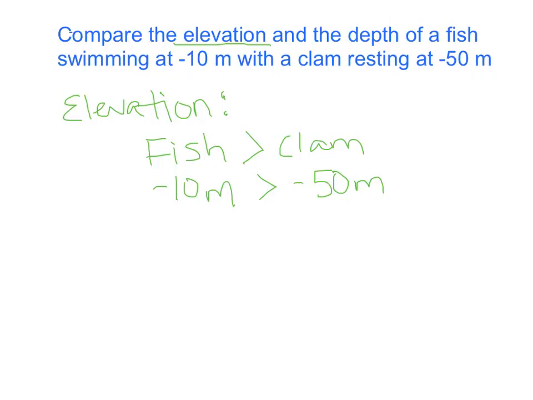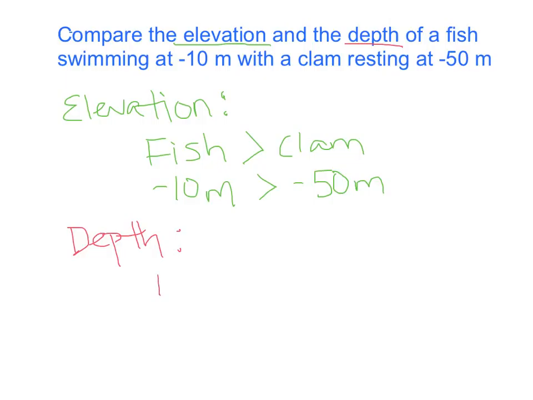All right, the tricky part. Now we have to compare their depth. That means something different than elevation. Depth means how far they are below the water. And since we're talking about how far they are from the water, which is 0 in this situation, now we're talking about absolute value.